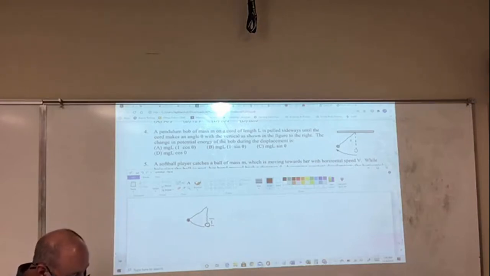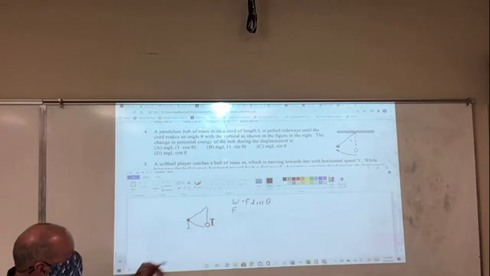Okay? So I need to figure out just exactly what that is. I know that work equals force times distance times the cosine of theta. And in this case, all of our force is going to be in the same direction as the motion.